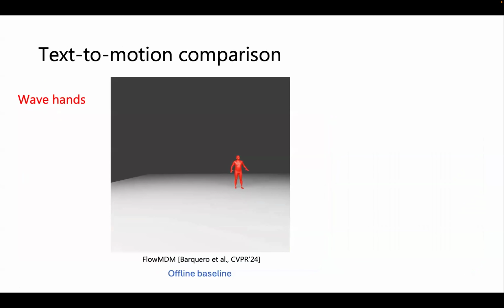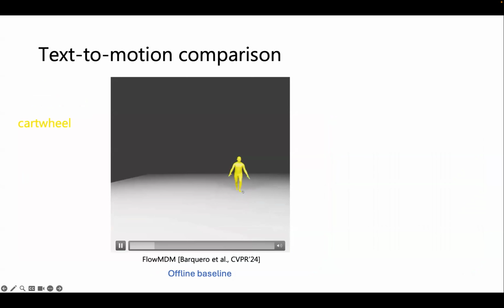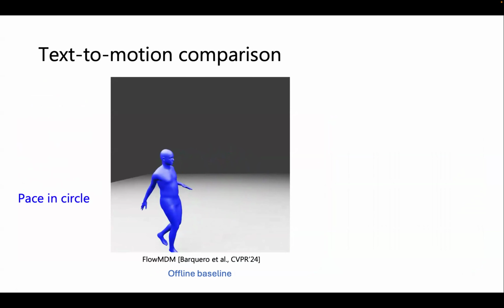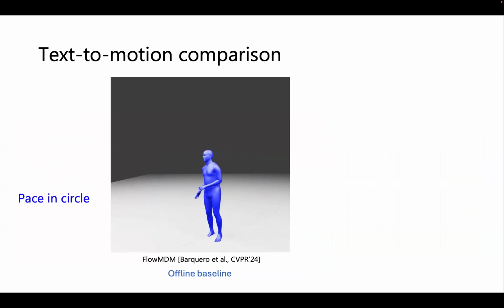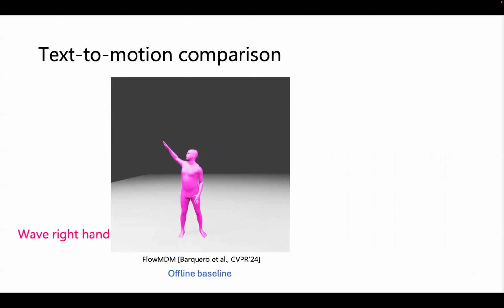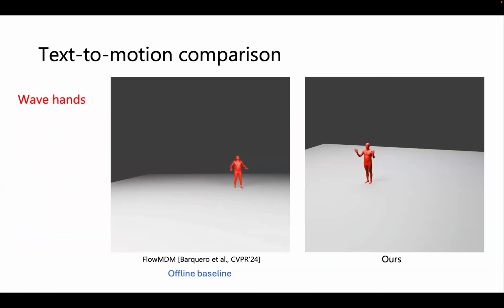Here is a comparison. This is FlowMDM, a very nice work that will be presented this year at CVPR. They predefine a sequence of text, and then they have an offline method which generates motions corresponding to the sequence of text with smooth transitions. This is their result. We did a comparison with them.